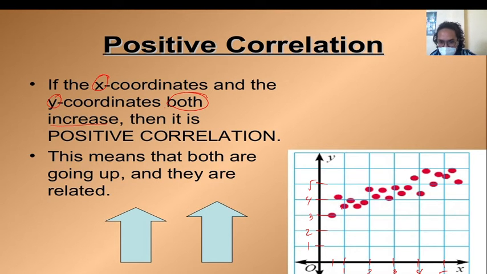For example, si x natin is 5 at yung y daw niya is 5.5. Kaya sabi niya, kapag si x daw nag-increase, si y daw nag-increase. Kaya ang tawag dyan ay positive correlation. At ito yung kanyang graph.